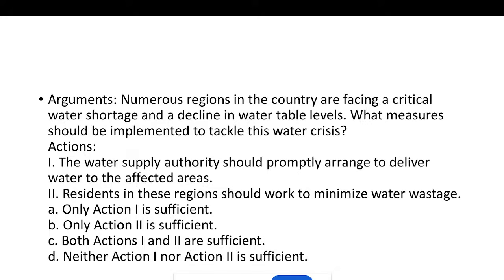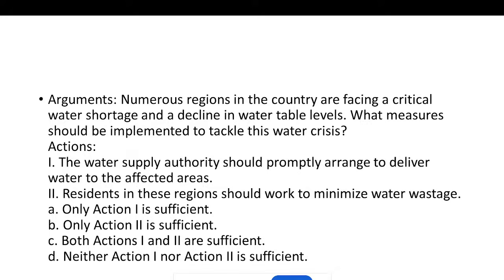Arguments. Numerous regions in the country are facing critical water shortage and a decline in water table levels. What measures should be implemented to tackle this water crisis? Whatever the actions you say, the argument must be stronger. The water supply authority should promptly arrange to deliver water to affected areas.